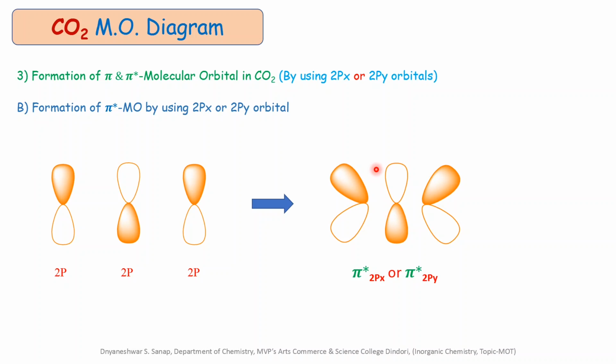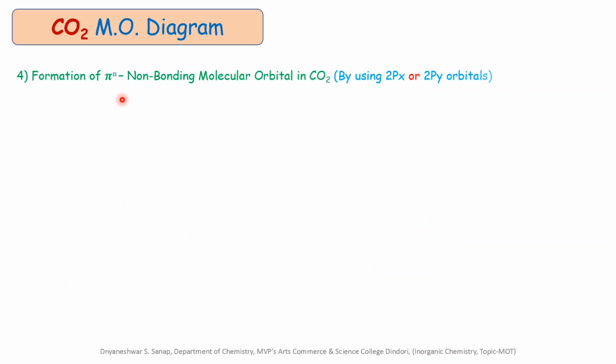In this overlap, there is formation of two nodes perpendicular to the z-axis, and this pi star antibonding molecular orbital is generally denoted by the symbol pi star 2px or pi star 2py, because it is formed by using the px and py atomic orbitals.